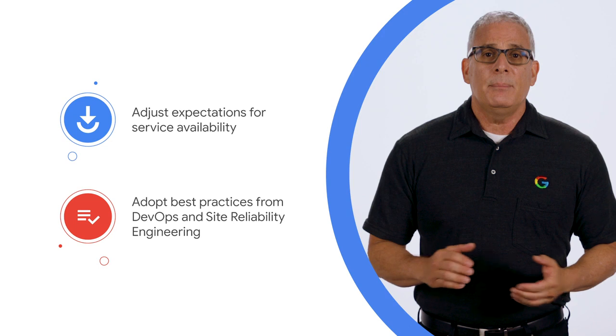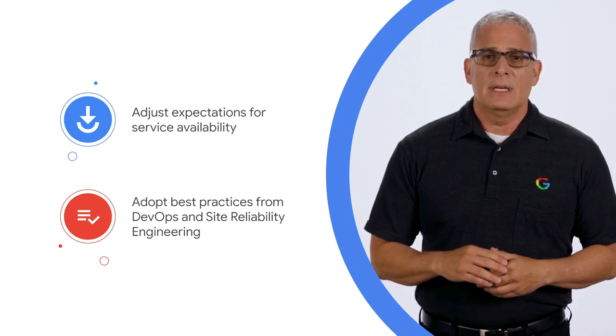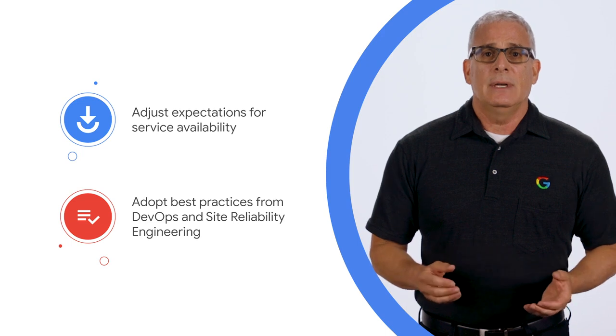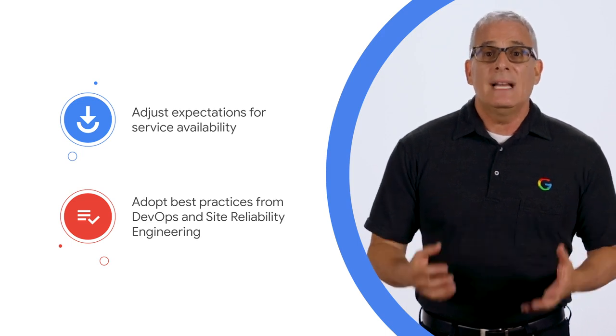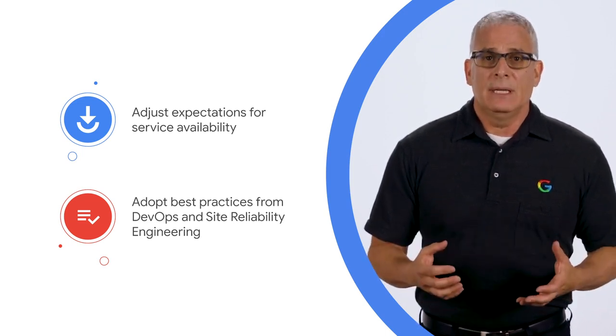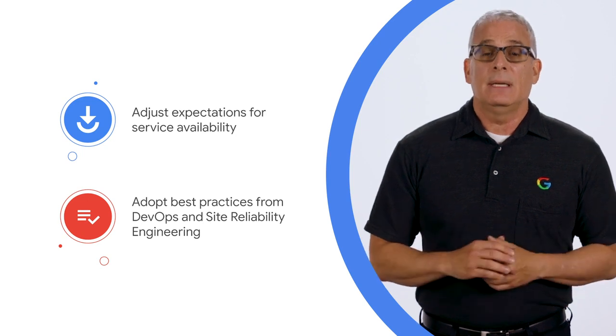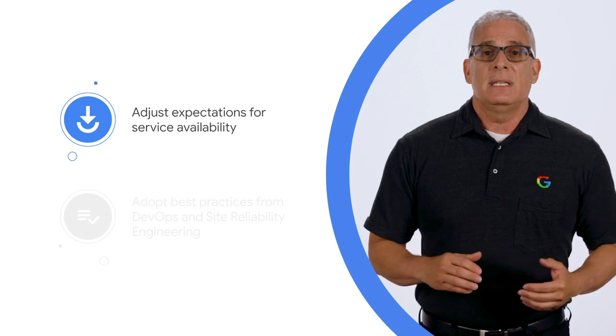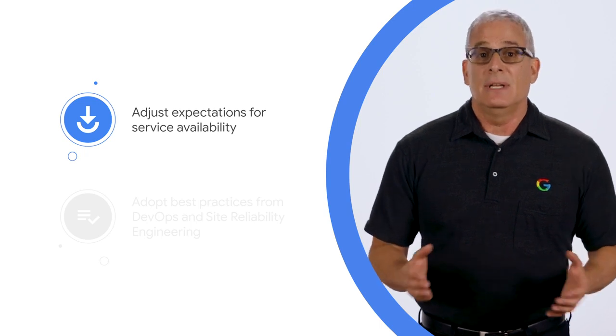Second, they need to adopt best practices from developer operations, or DevOps, and site reliability engineering, or SRE, so teams can be more agile and work more collaboratively with clearer accountability. I'll examine service availability now and present DevOps and SRE in the next video.